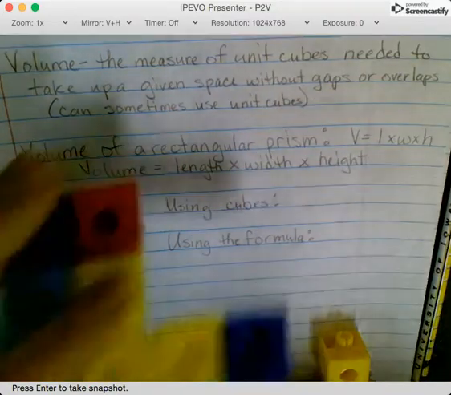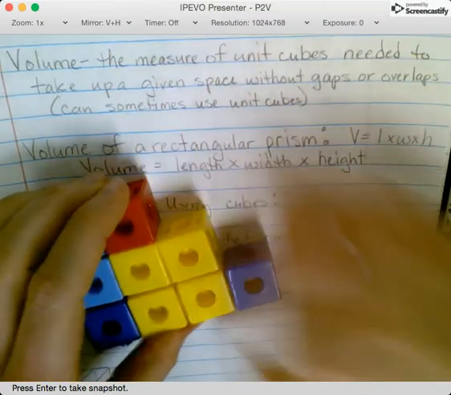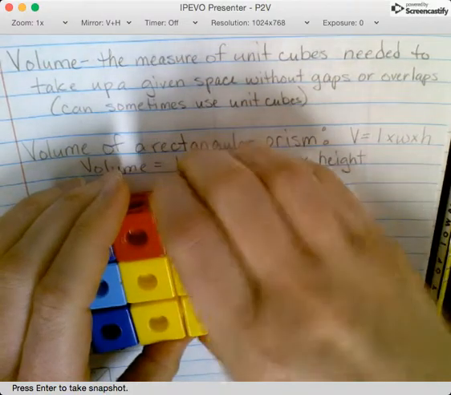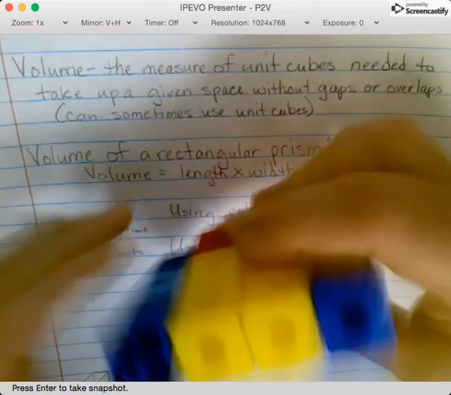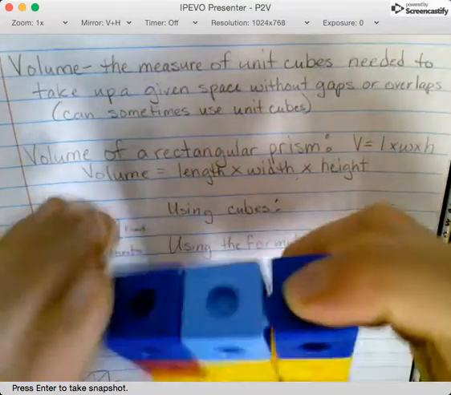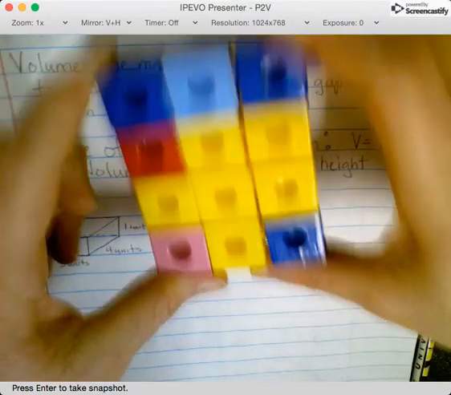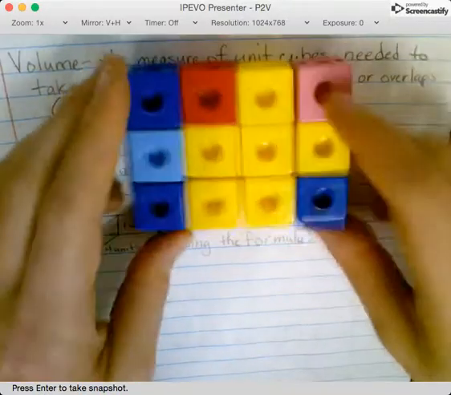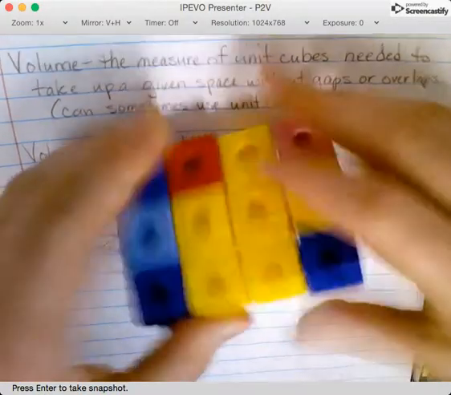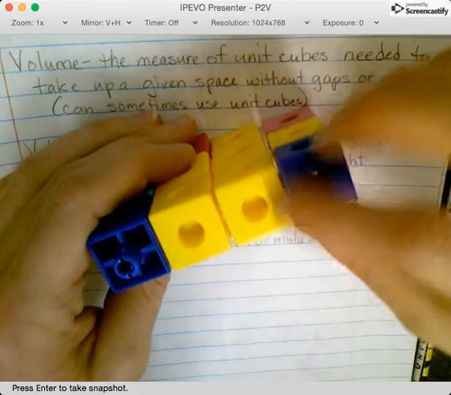And now I just have to fill in that area without any gaps. So if I fill that in, I have 3 going this way all the way across. I have 4 going the other way all the way across. And then I have 1 this way, 1 this way.